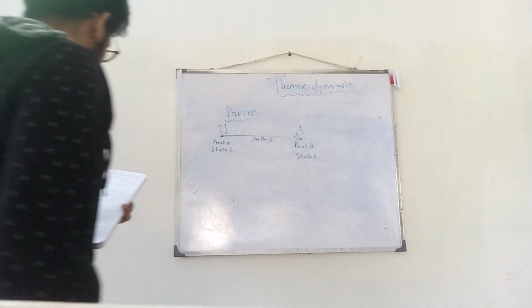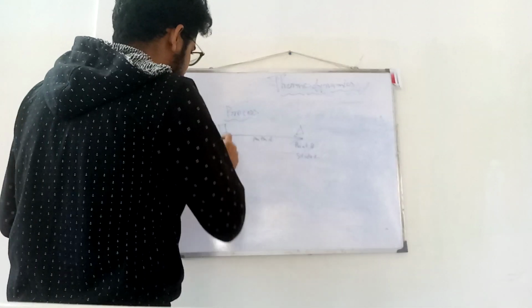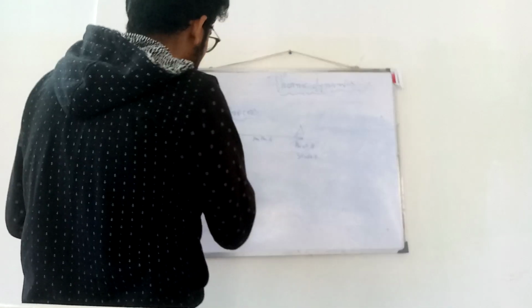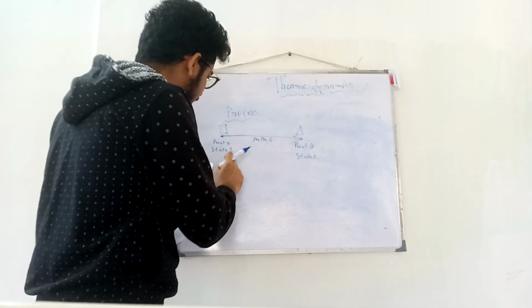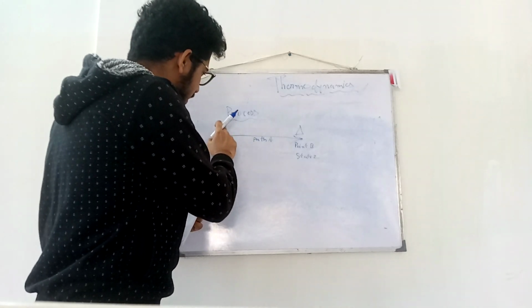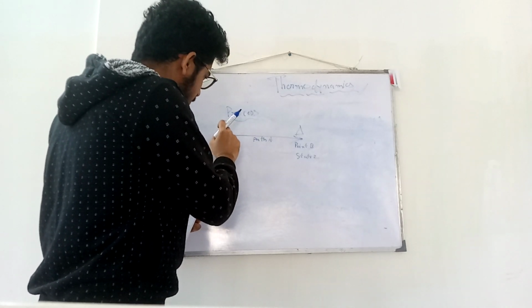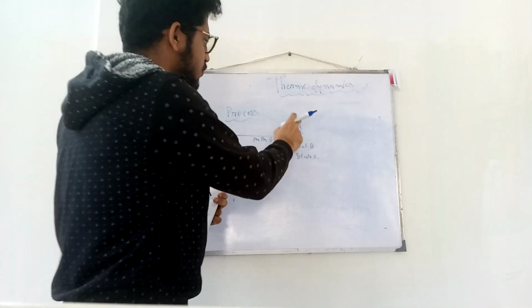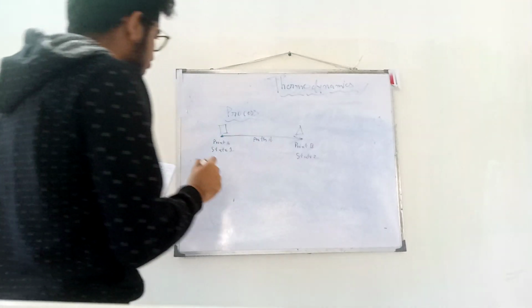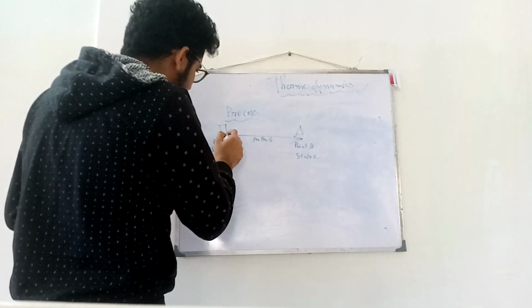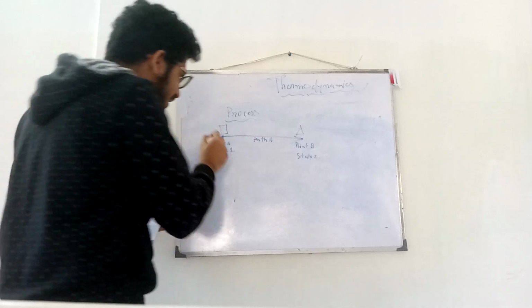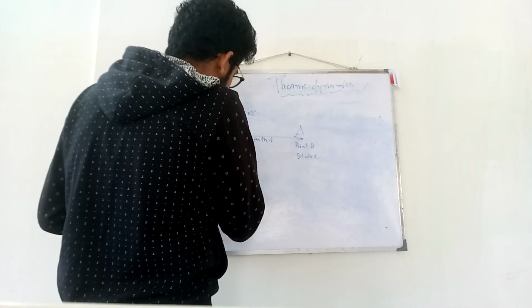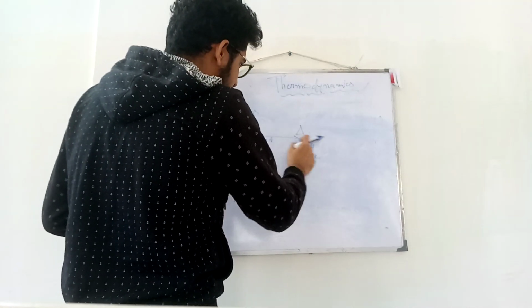Suppose this is a square and this is a triangle. When the substance is at point A it is a square, and when it goes to point B it becomes a triangle.